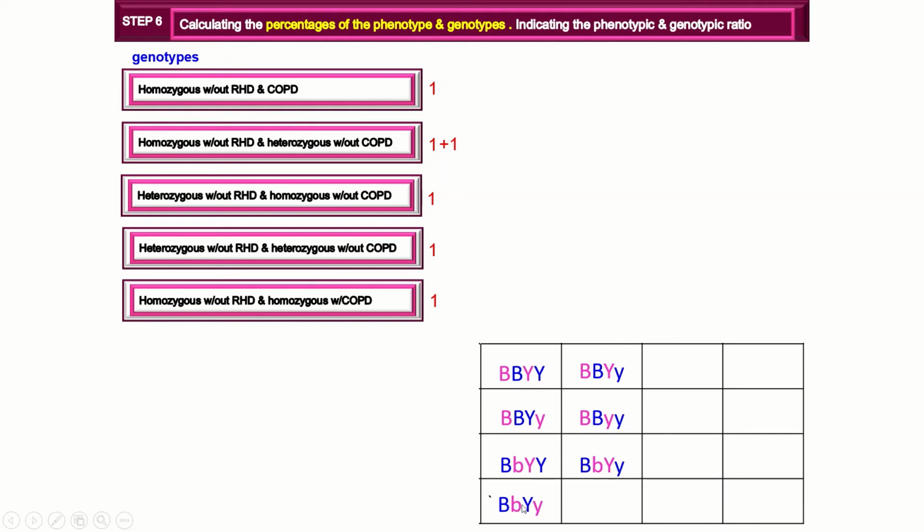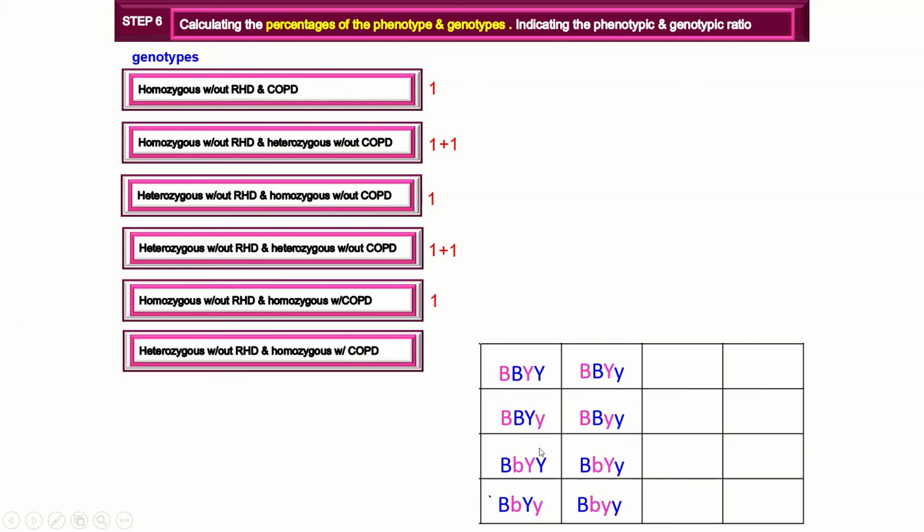And I think they're the same, heterozygous. Okay, here. Next, we have heterozygous without RHD and homozygous with COPD. I think we need a new one, and it's 1.